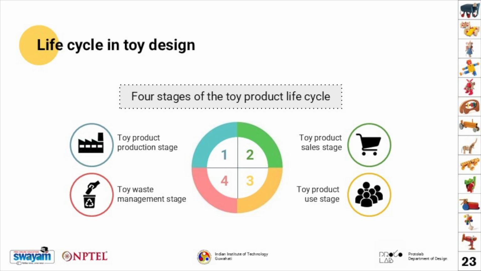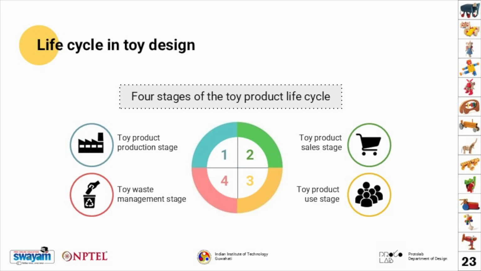1. Toy product production stage. This stage includes raw material extraction, material processing, and manufacturing and assembly. According to LCA methodology, this phase significantly influences greenhouse gas emissions, energy consumption, and material waste.